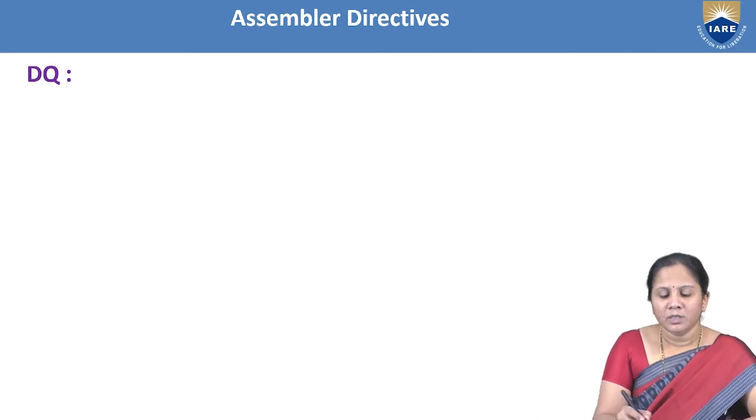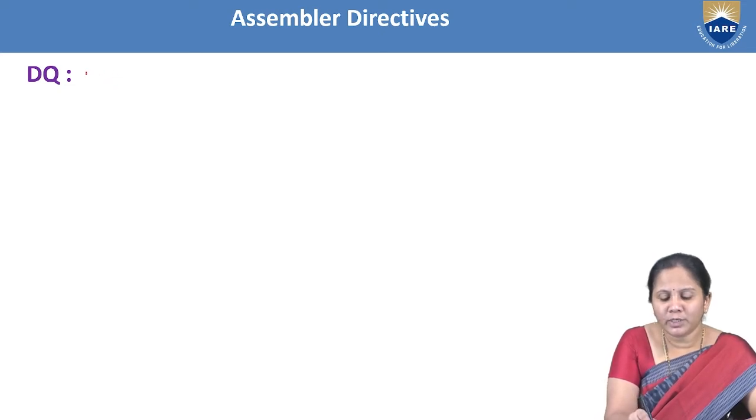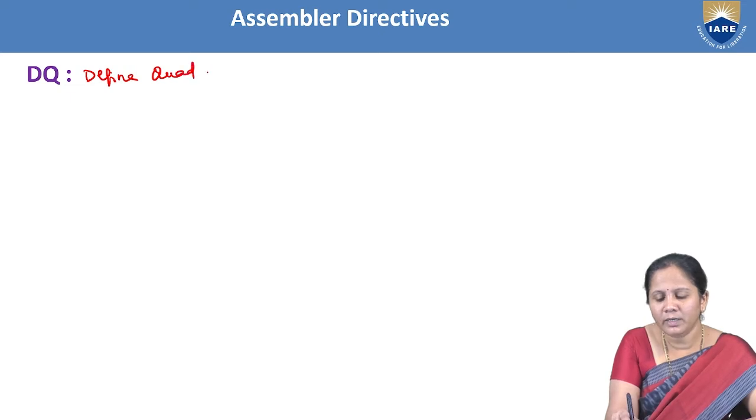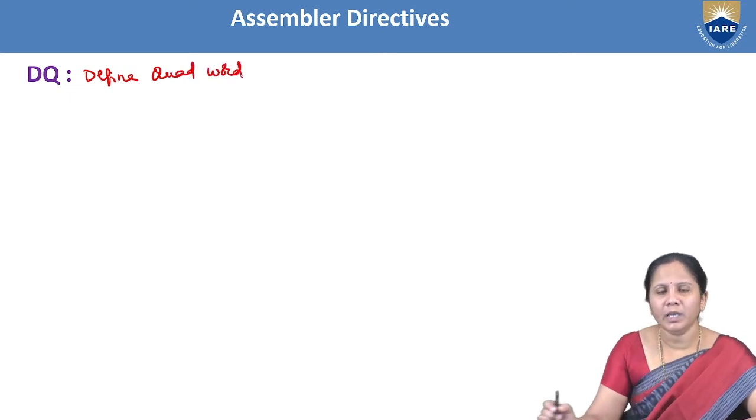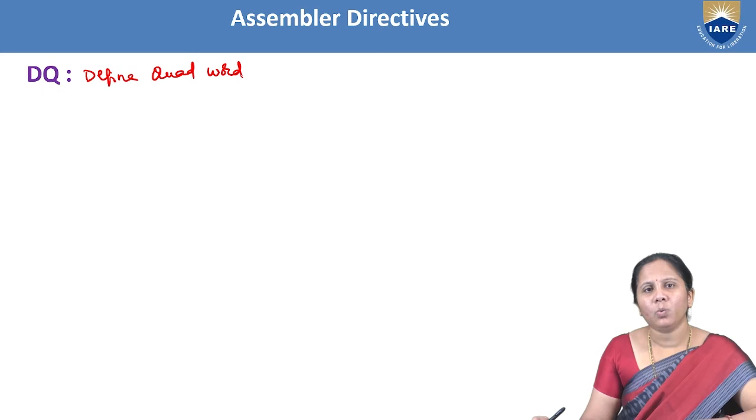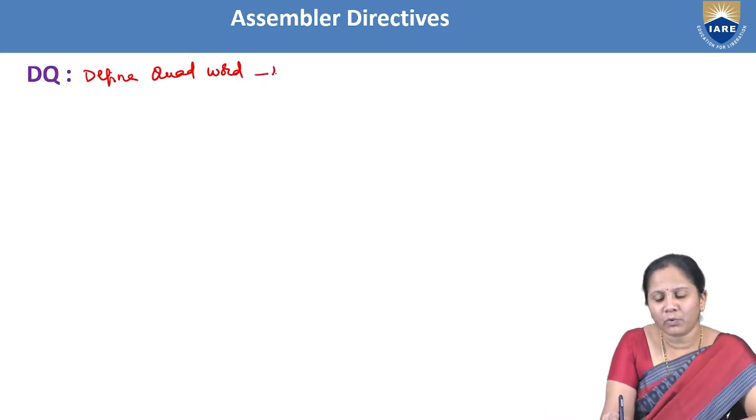Now, same as DB and DW, DQ is one of the assembler directives. DQ represents define quad word. Quad means 4.